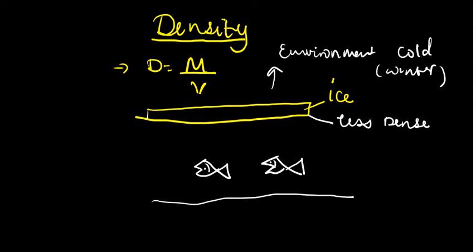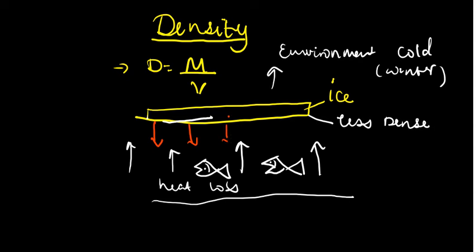So what happens is that when heat in the water is trying to escape this water, okay, so we have heat loss. When it reaches the surface of the ice, the ice acts like a mirror. So this mirror is going to reflect the heat back or radiate it back, okay?